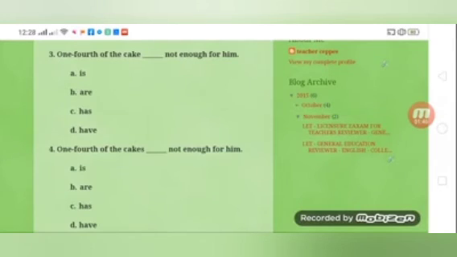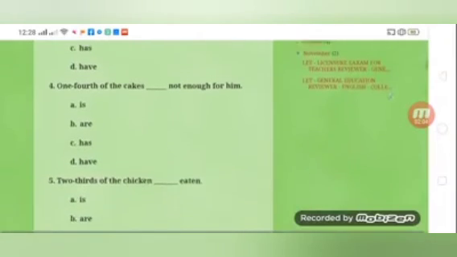So we say 1/4 of the cake is not enough for him. But if we say 1/4 of the cakes, are not enough for him. Okay, that's how it should be. Remember that fraction. It's not has or have here because it's not present perfect tense.